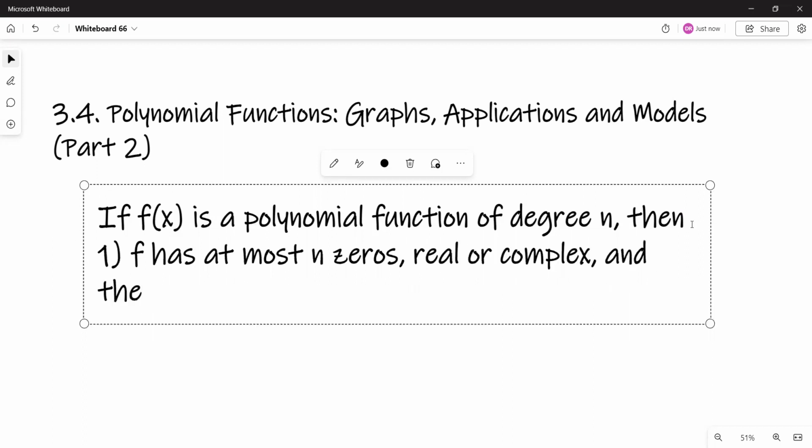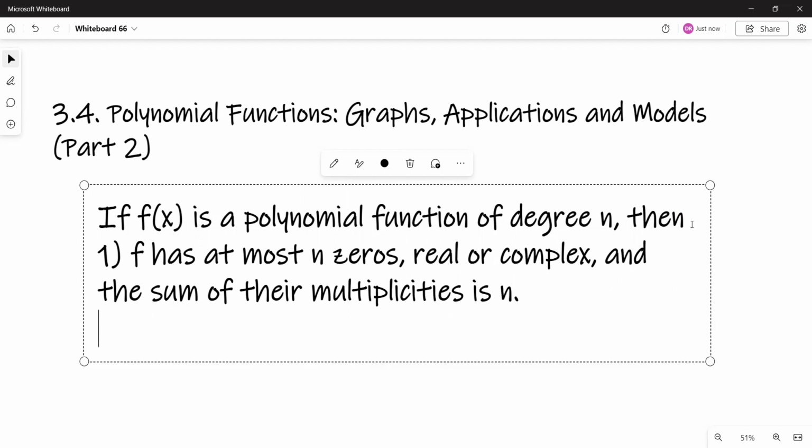And the sum of their multiplicities is n. The sum of the multiplicities is going to be equal to the degree of the polynomial.